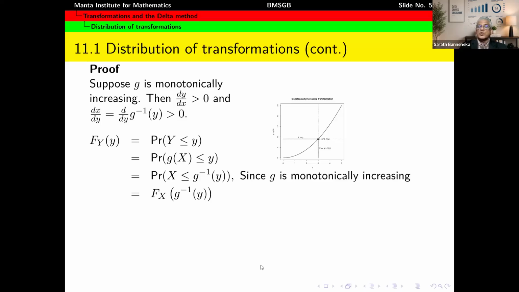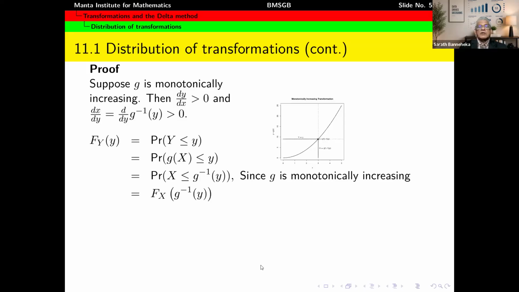So let's consider these two cases separately. Suppose g is monotonically increasing in the first part. Then we know that dy by dx is greater than 0 if it is monotonically increasing, and similarly, dx by dy is also greater than 0.